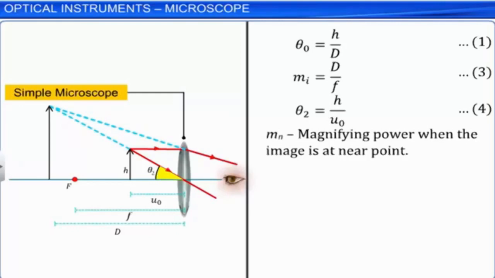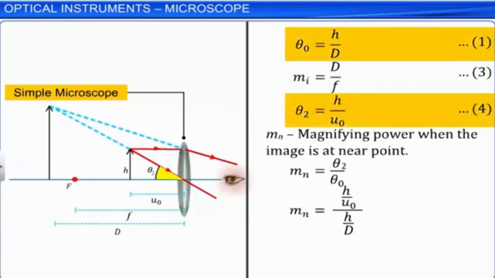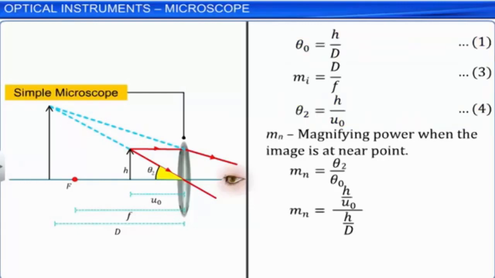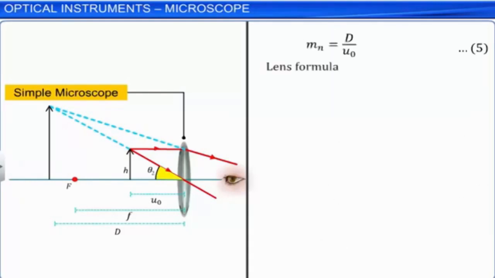But from the lens formula, we have 1 by u is equal to 1 by v minus 1 by f. Using the Cartesian sign convention, we can write that u is equal to minus u0, v is equal to minus D. Substituting these values in the lens formula and then multiplying both sides with minus D, and on further simplification, we get D by u0 is equal to 1 plus D by f.